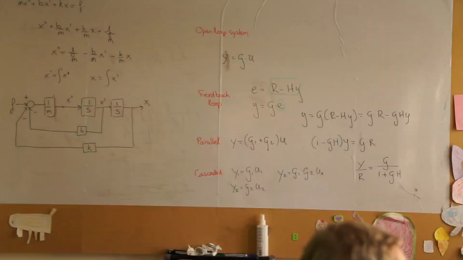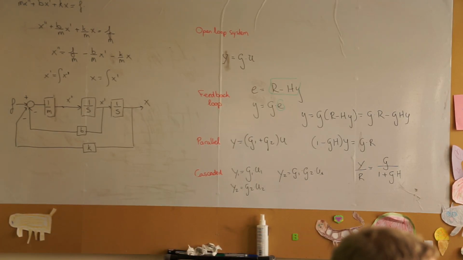And we had an example of a mass spring damper system over here, where we saw how to get from the differential equation to a system in the Laplace domain, where we use our blocks and our integrators in the Laplace transform. We saw how to calculate the parallel, cascaded and the feedback loop responses, and of course the basic definition of a transfer function, which relates the input to the output.